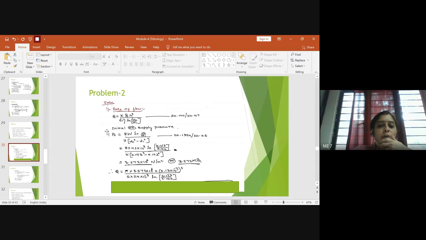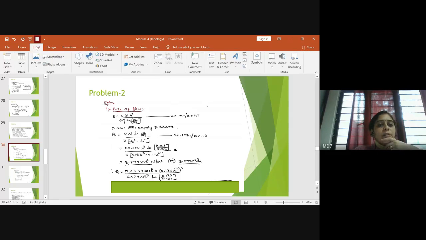You should know the equation for P naught, because without P naught you cannot determine the value of Q. Hence you determine the value of P naught as equal to 8W log of D2 by D1 divided by pi into D2 square minus D1 square. Once you know the value of P naught, then only you can substitute here and determine the rate of flow. So now you have to substitute the values for P naught.